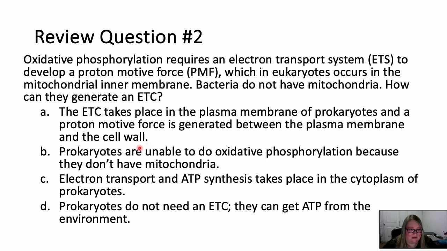But B is wrong, because we know that prokaryotes can undergo oxidative phosphorylation if they are aerobic or anaerobic. It's true that they don't have mitochondria. C, the electron transport and ATP synthesis take place in the cytoplasm. This is no, because we have to have those electron transport chain enzymes embedded in a membrane. And we know D is not correct, because we cannot get ATP from the environment directly. We have to make it. So the answer is A for this question.